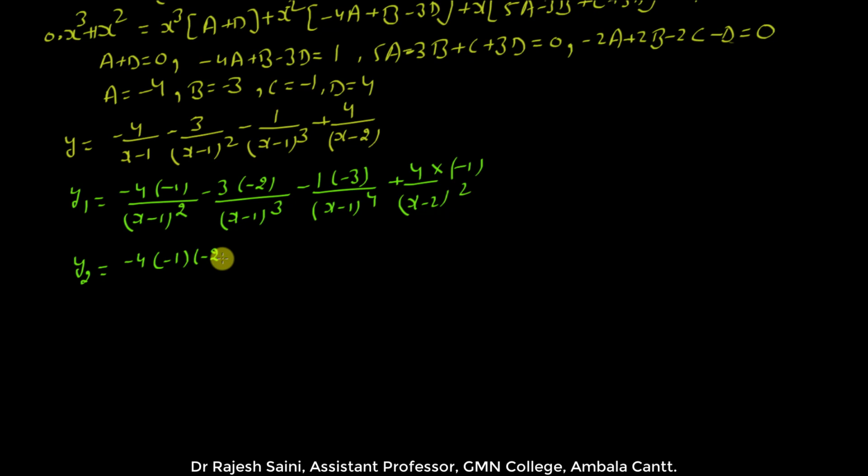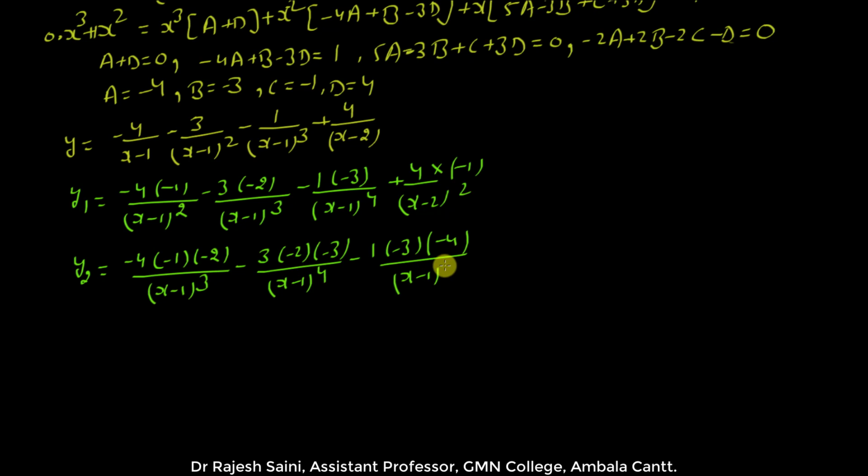Minus 1 into minus 2 divided by (x minus 1) cube, minus 3 into minus 2 into minus 3 divided by (x minus 1) raised to the power 4, minus 1 into minus 3 into minus 4 divided by (x minus 1) raised to the power 5, plus 4 into minus 1 into minus 2 divided by (x minus 2) raised to the power 3. Fine. Do one more time.